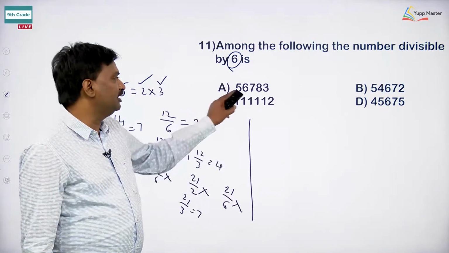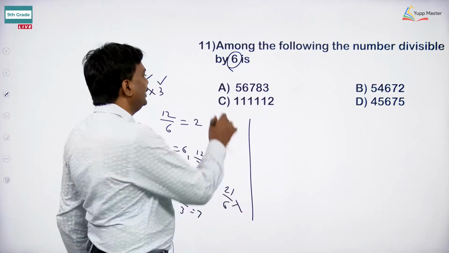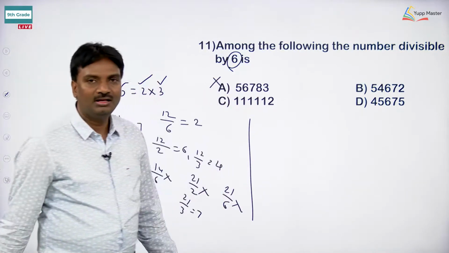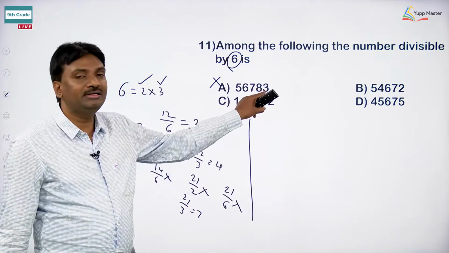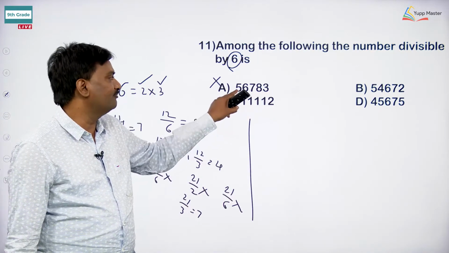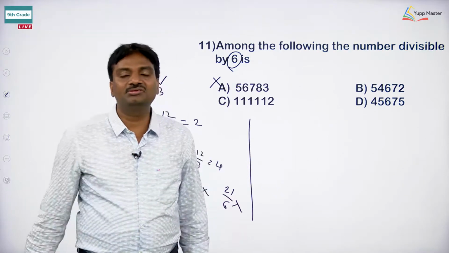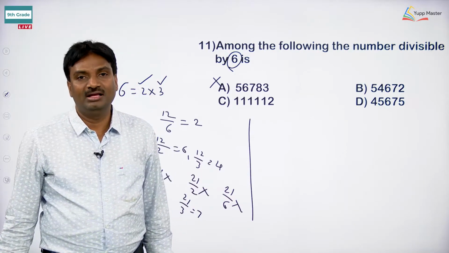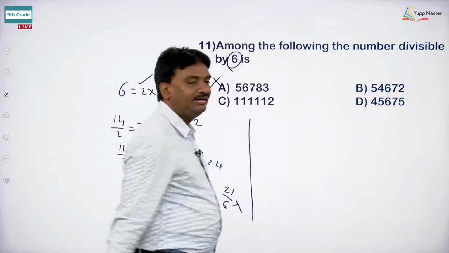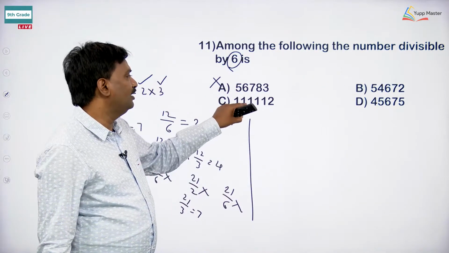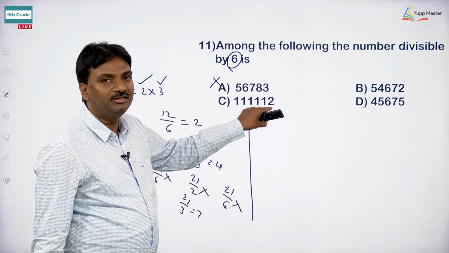So by observing option A, the last digit is 3. So we can eliminate option A. That may be divisible by 3, but here the last digit is 3. So clearly this number 56783 is not divisible by 2. Similarly, 54672, this may be divisible by 6. 111112, the last digit is 2.